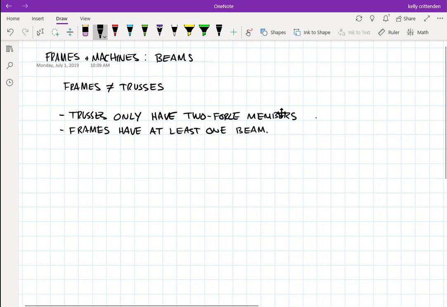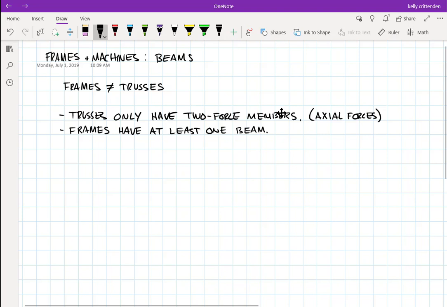The 2 force members only had axial forces. So they could be in tension or compression, but it was an axial force, either stretching them out or compressing them. We're still not worried about compressing them and they buckle. We'll talk about that later in the course.